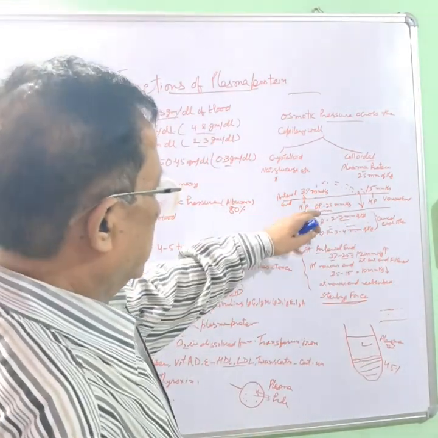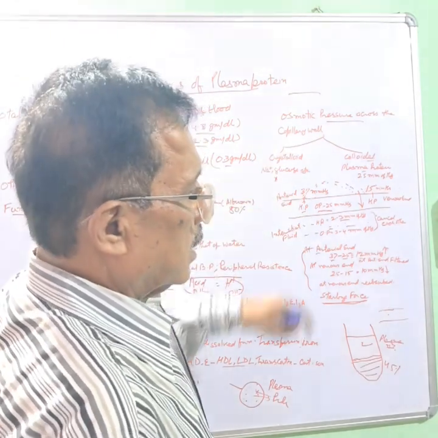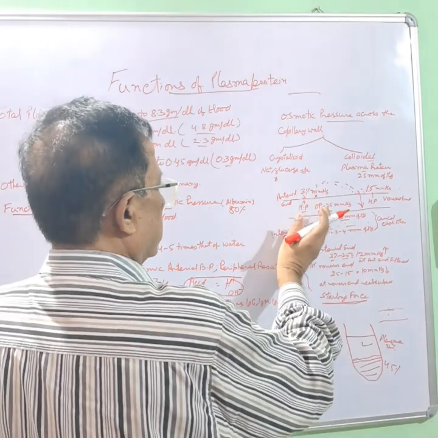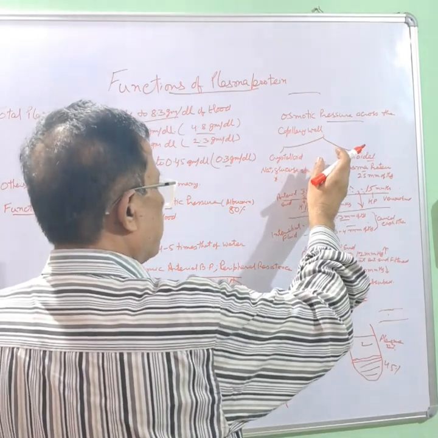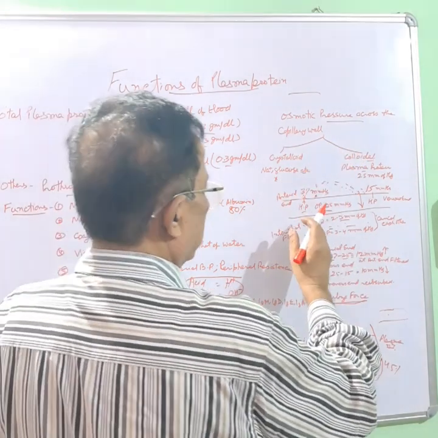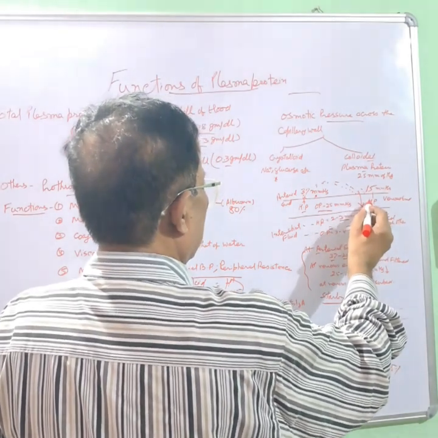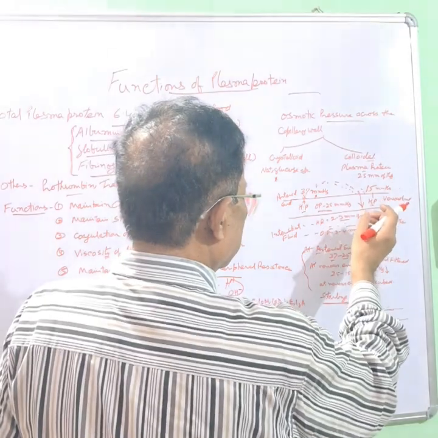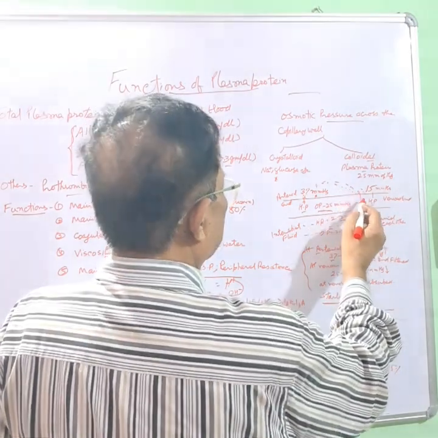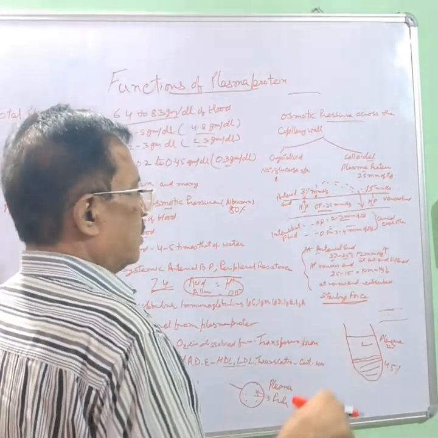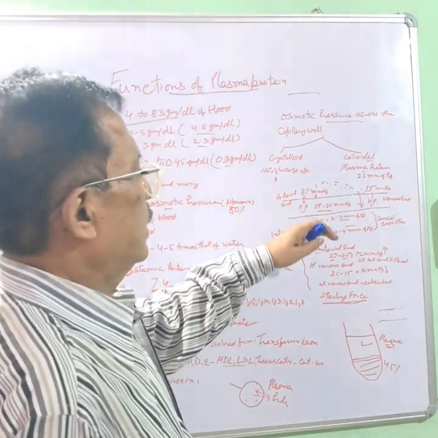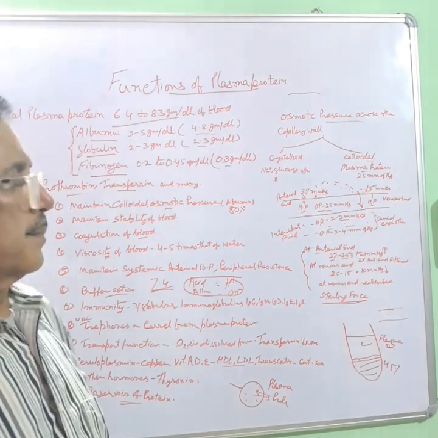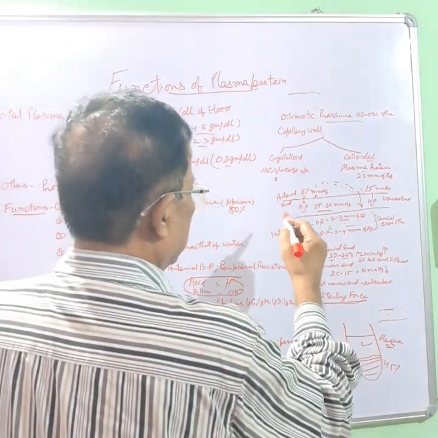When this osmotic pressure reduces, then the force removing the fluid is increased, and more fluid will come out into the interstitial space. And at this end also, the hydrostatic pressure is more and osmotic pressure reduces, so less amount of fluid will enter into the blood vessel, causing accumulation of fluid in the interstitial tissue. That is edema.